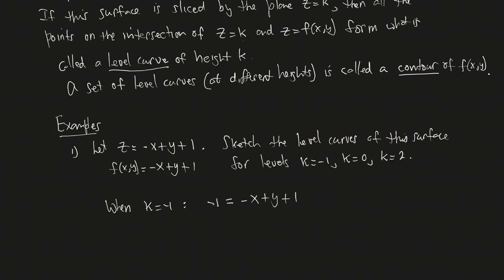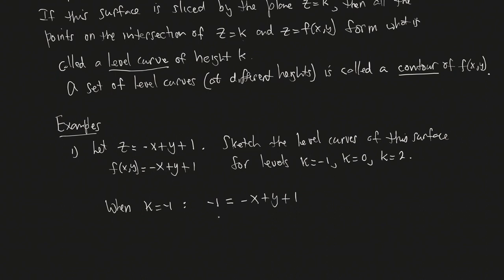That's the whole idea of going from something three-dimensional, fixing your dependent variable, and then suddenly you get something two-dimensional. It's often referred to as a projection of the level curve of this surface onto the xy plane. Sounds more complicated than it is.